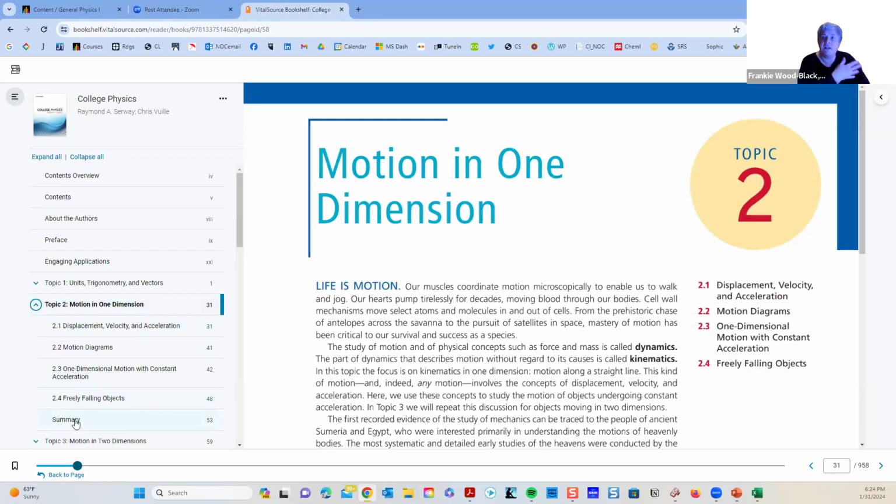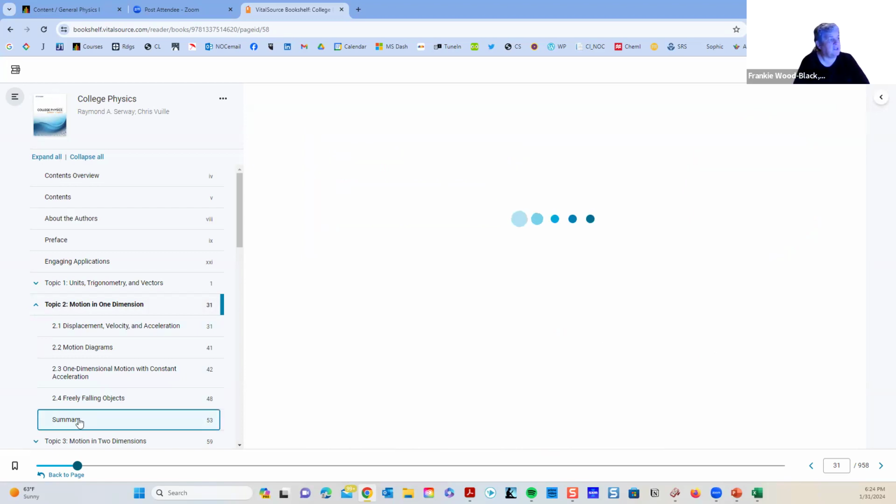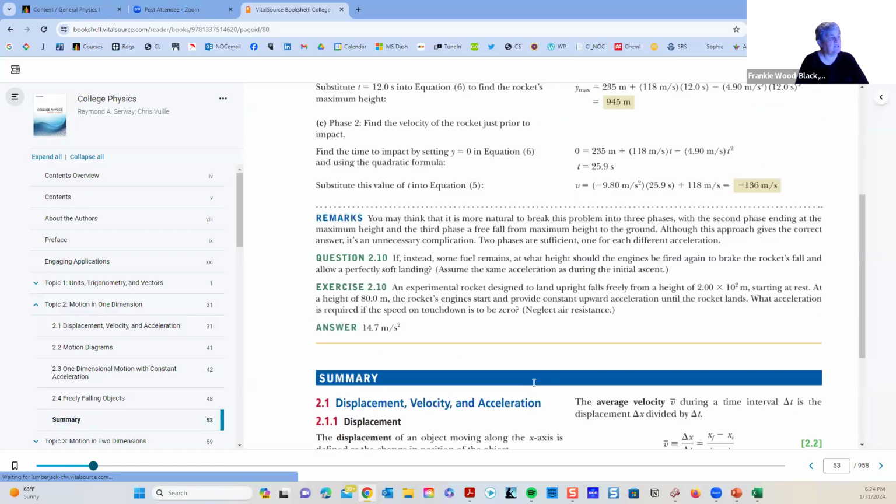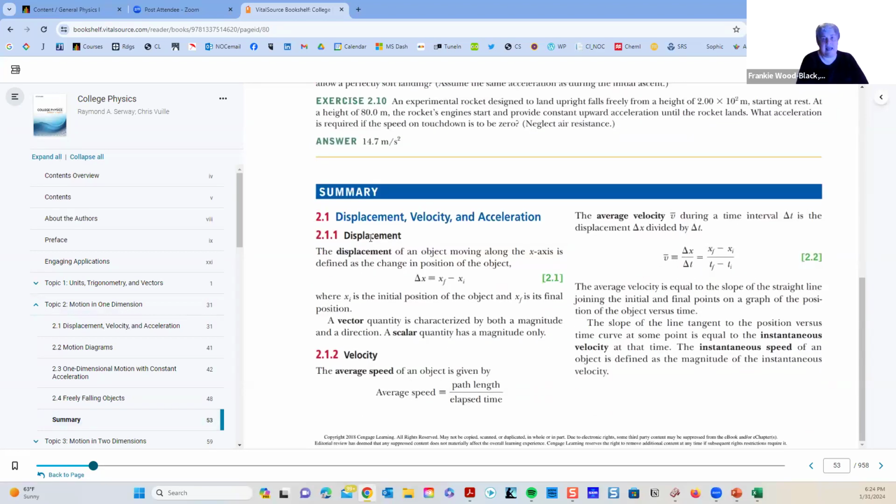As you're starting to work the problems, or going into your pre-work, one thing you might want to do is hit the summary, because the summary highlights the parts we're talking about in the chapter. It's a really good place to get familiar with the key things to look at in your book.